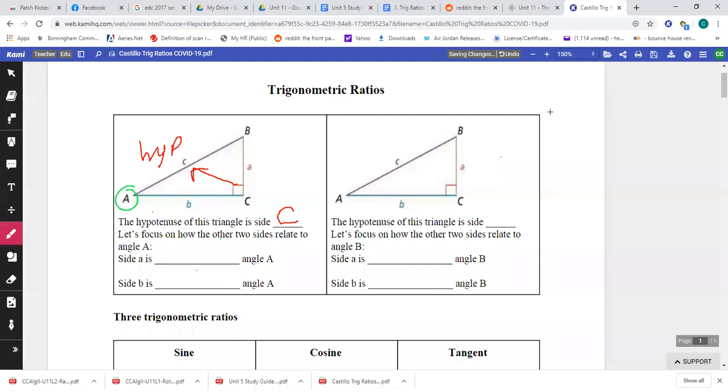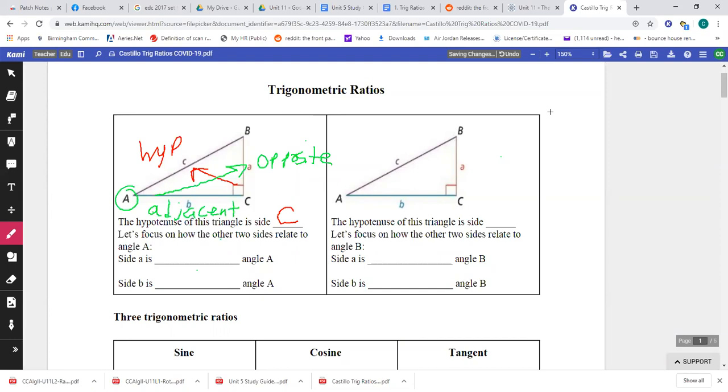So if you look at this angle, angle A, the side that's across from it is called the opposite side. And the side next to it is called the adjacent side. Is this Sohcahtoa? Yes.